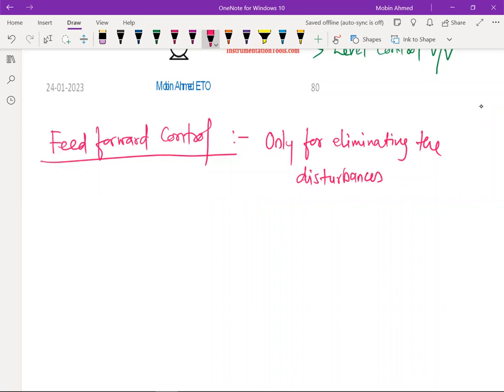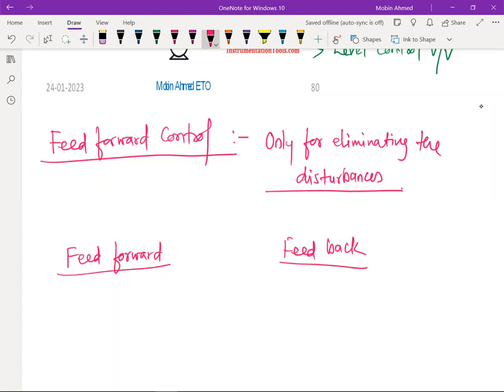Now, how can it eliminate the disturbances? Okay. Now, feed forward and feedback control. These are two entirely different concepts.